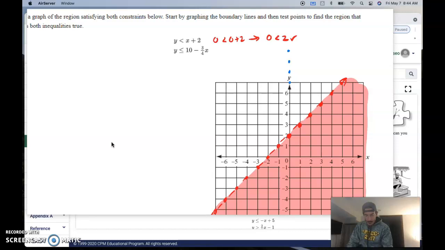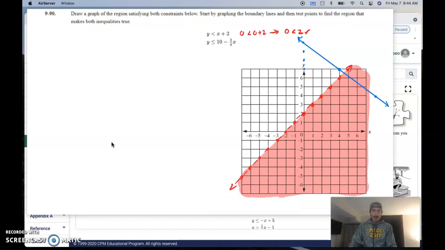And I would go down 1, 2, 3, go over 1, 2, 3, 4. Go down 1, 2, 3, go over 1, 2, 3, 4. So I'd have something that maybe looks like this. As I'm looking at my notes here, I'm seeing that maybe I didn't give myself the best graph to do this graphing. But it's a solid line because it is less than or equal to.